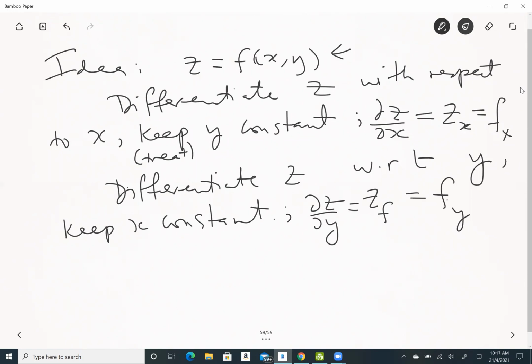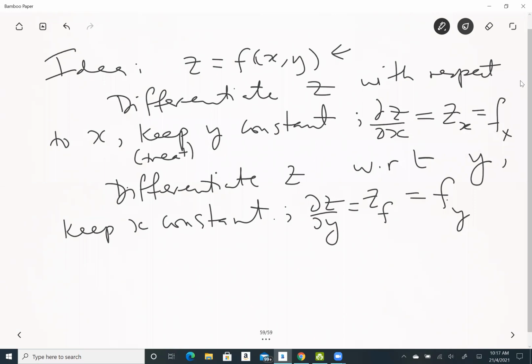Okay, you understand? Anybody has a question? Make sure we understand the basic idea. When you differentiate the dependent variable with respect to one independent variable, you keep all other independent variables constant. If I differentiate z with respect to x, y will be constant.